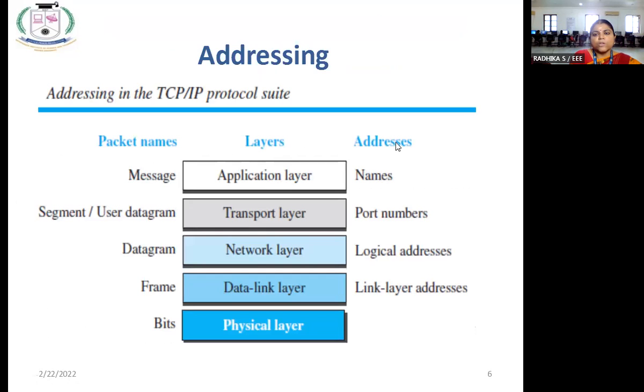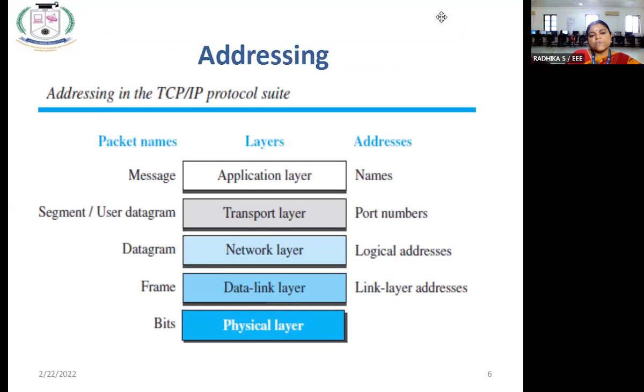So now moving on to addressing. When I say address, it is called by different names or different terms in the different layers. Here we have the TCP/IP model, in which we have 5 different layers.